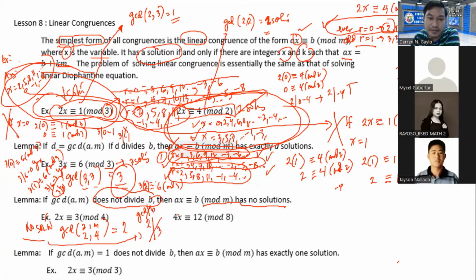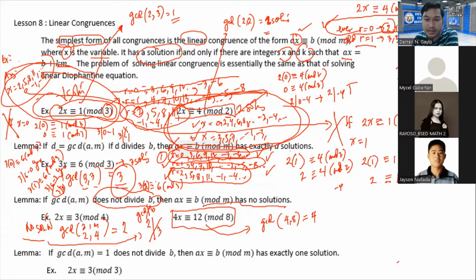Okay, how about this one? 4x is congruent to 12 modulo 8. So what's the GCD of 4 and 8? Sige, it's the greatest common ni 4 and 8. Si 4, tama? Greatest common divisor.